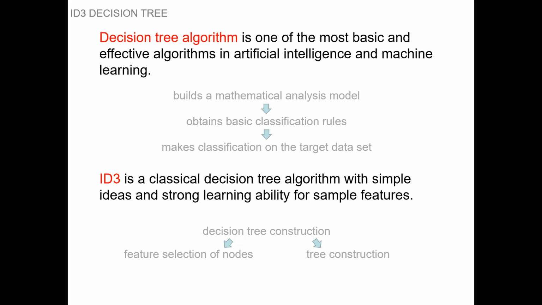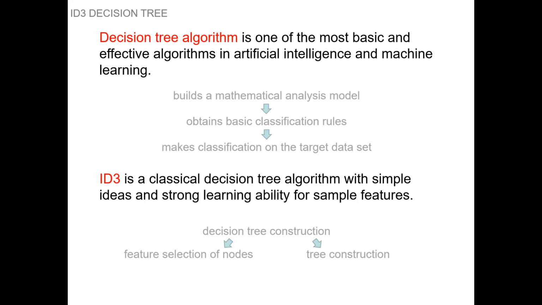ID3 is a classical decision tree algorithm with simple ideas and strong learning ability for sample features. Generally speaking, the construction of a decision tree can be divided into two parts. One is the feature selection of the nodes of the decision tree. The other is the tree construction.